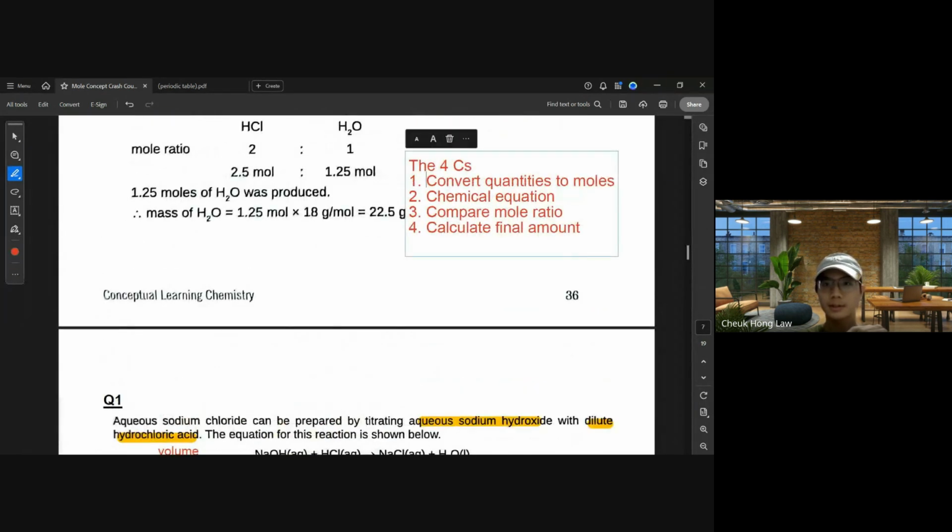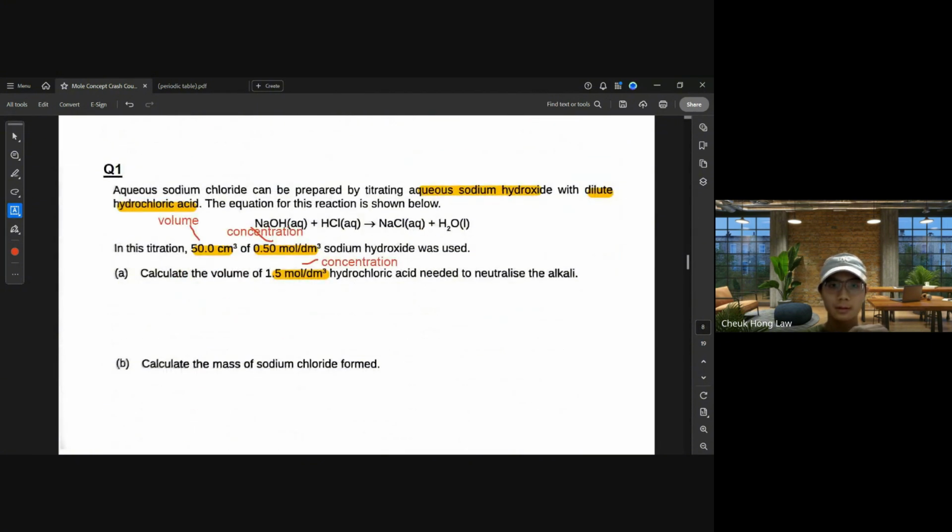So I'm going to do step 1 here, which is converting the quantities into mole. I can find the number of moles of sodium hydroxide, which is 50 over 1000 times 0.5.